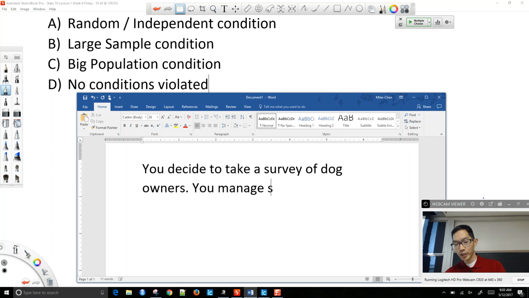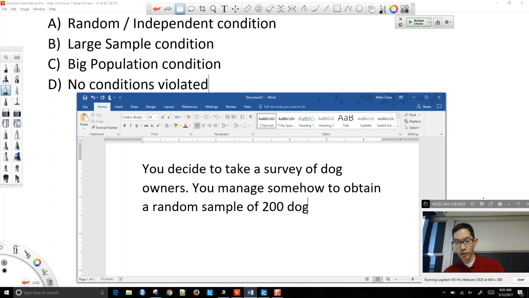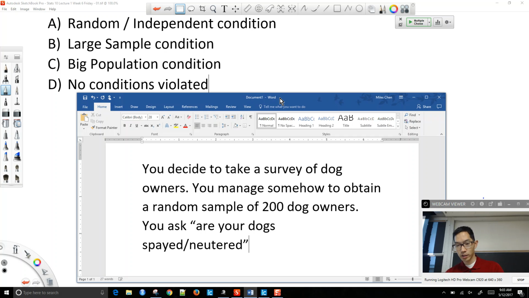You manage somehow, I don't know how, to obtain a random sample of 200 dog owners. You ask, are your dogs spayed or neutered?